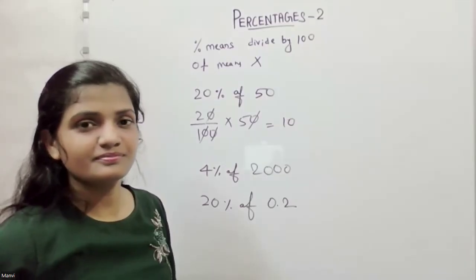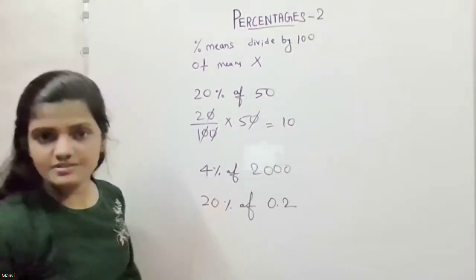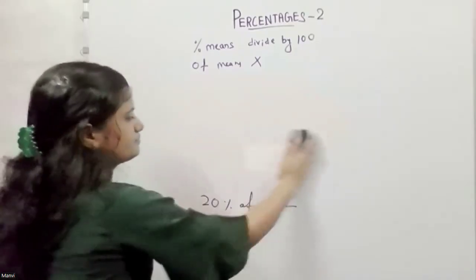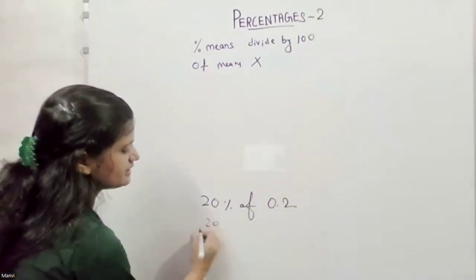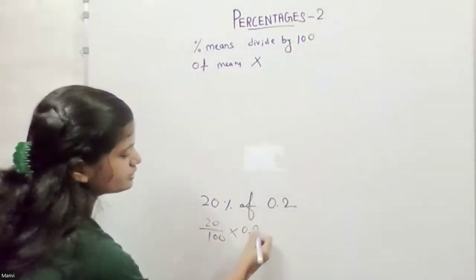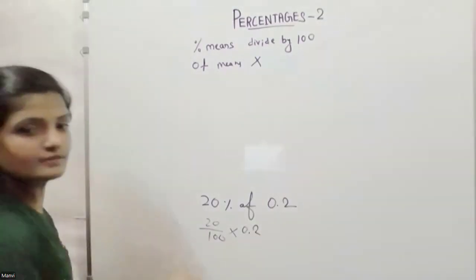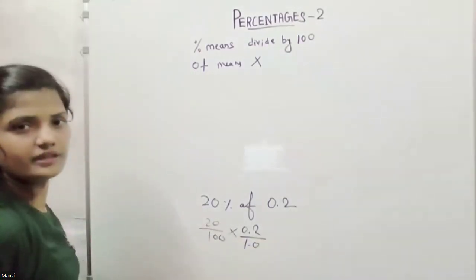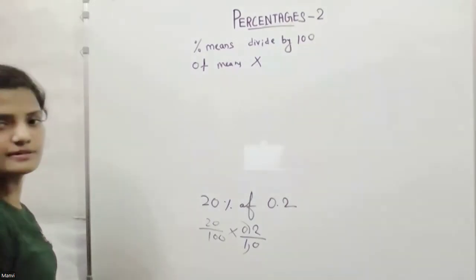Oh, the decimal. Yes. So, we can write this 20% as 20 by 100, and this means times 0.2. As this 0.2 has one decimal place, we can write the denominator as 10 as well, so we can remove the decimal.